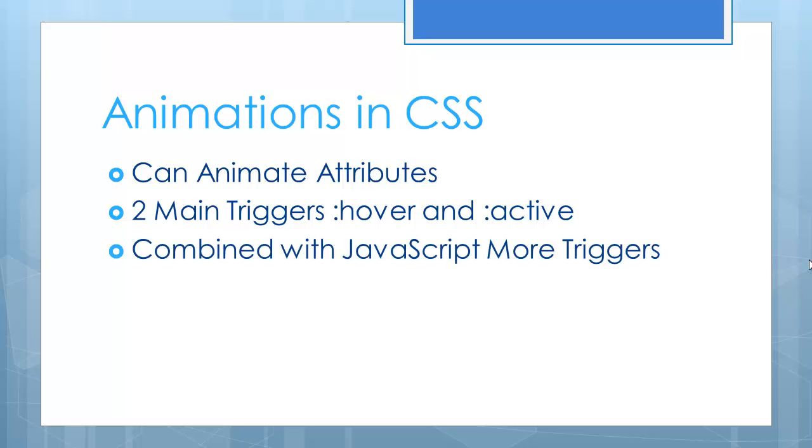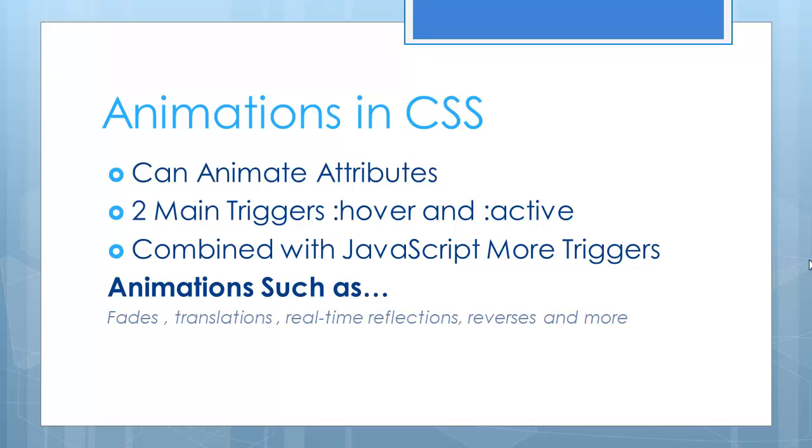Combined with JavaScript, you can get way more triggers out of animations in CSS. Also, you could combine it with HTML5, which I highly recommend. Animations such as fades, translations, real-time reflections, reverses, and more. What you can do with CSS3 nowadays is just so powerful.